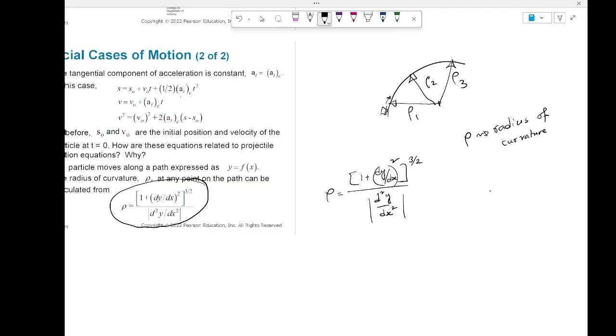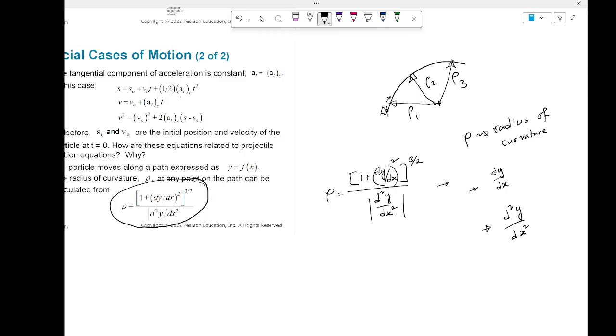All right, so again the rho equation, I just wrote it one time. To use this equation, you have to find these two things: dy over dx and the second derivative of y with respect to x. The first derivative and second derivative, you have to find those, right?